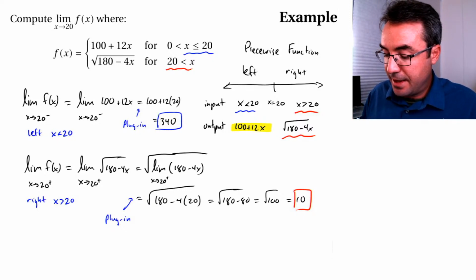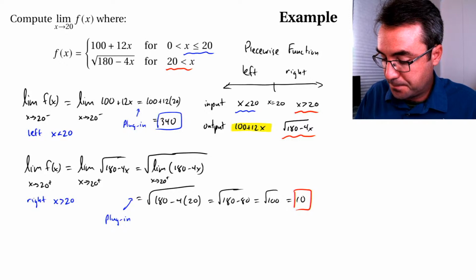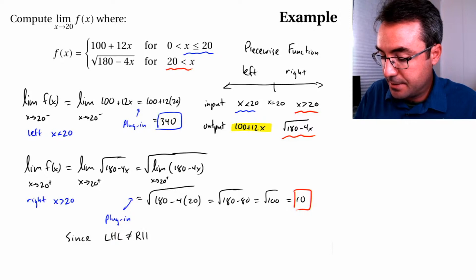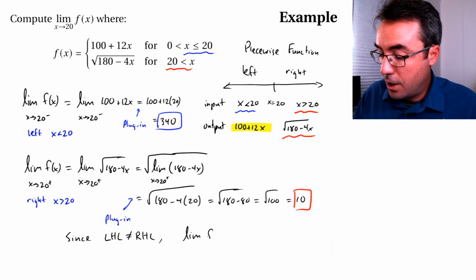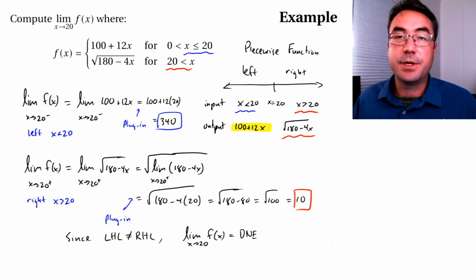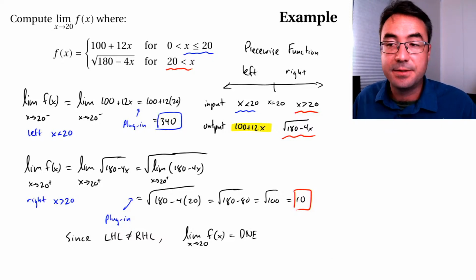So we can say then that since the left-hand limit does not equal the right-hand limit, the overall limit of our function as x approaches 20 does not exist. And we usually abbreviate that DNE, does not exist.